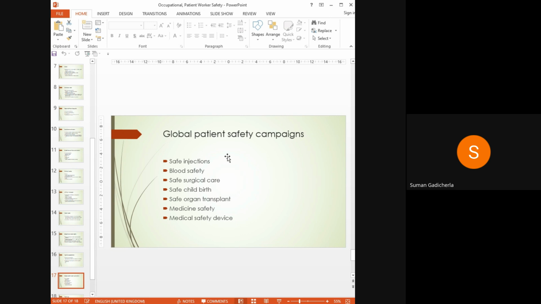If there is a drain, when the drain needs to be removed, the care for the drain, when the stitches are going to be removed, all these things are documented, and the procedure is also documented.